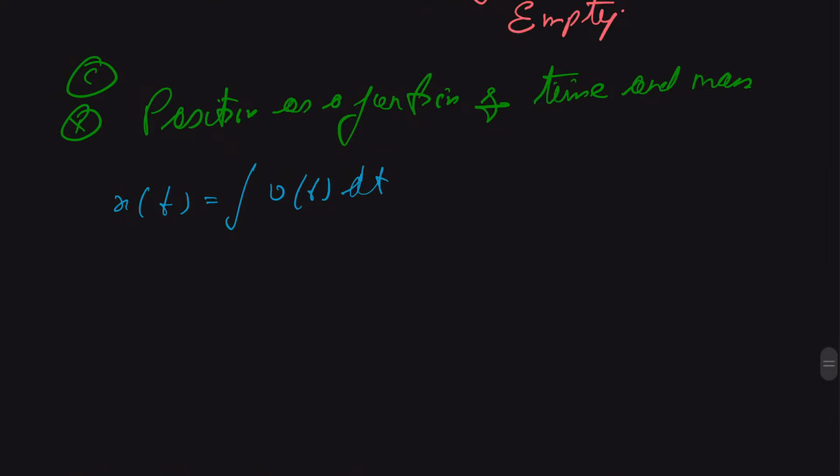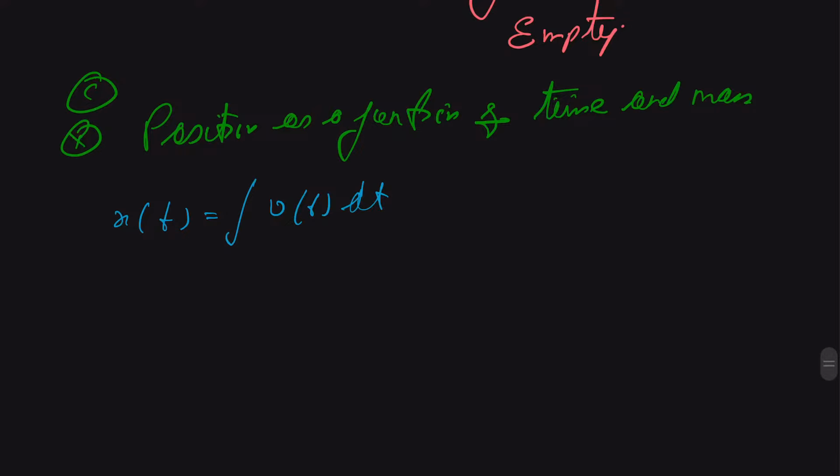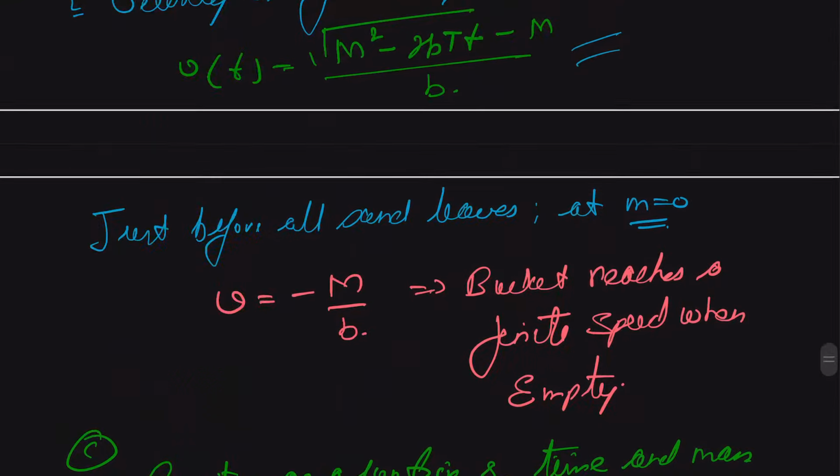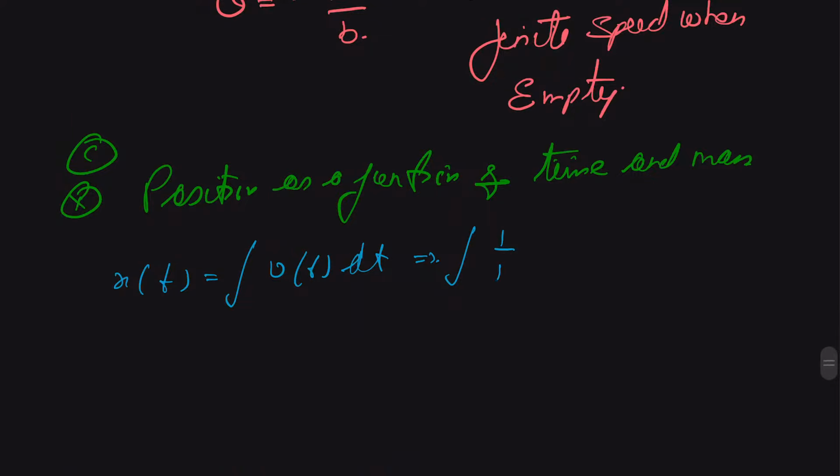This integration is the integration of 1 upon b times the square root of m² minus 2bt, minus m, dt.